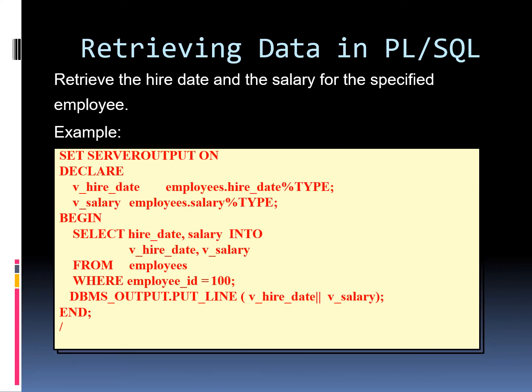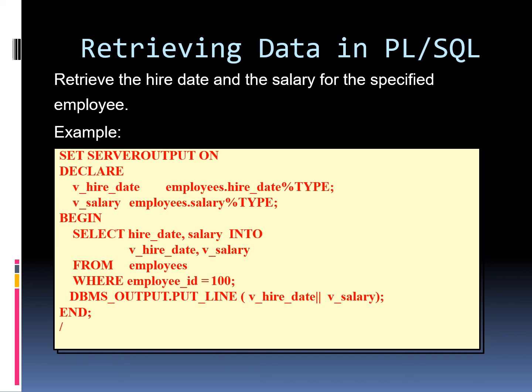In this slide, we are going to print the values of the hire date and salary of a particular employee from a table which is designed in SQL, and after retrieving the values, print them through a PL SQL program. But there is one difference here.